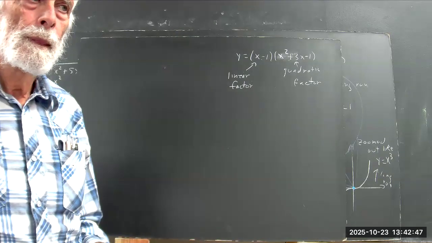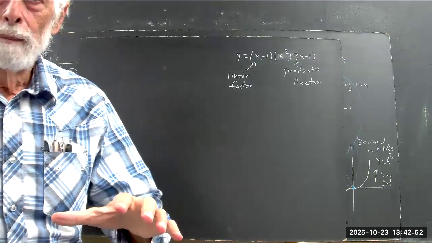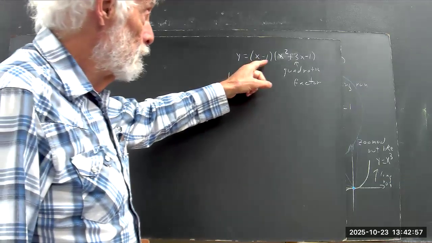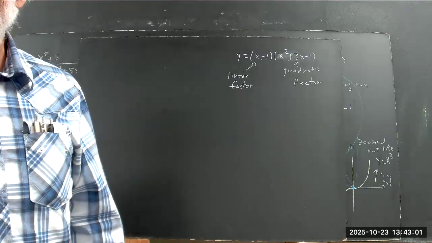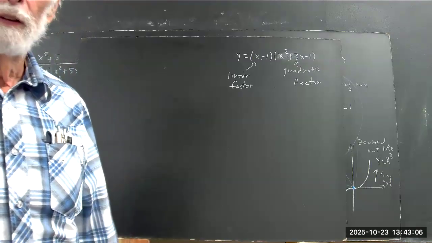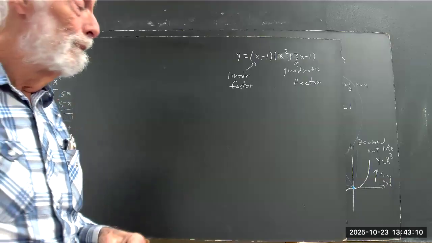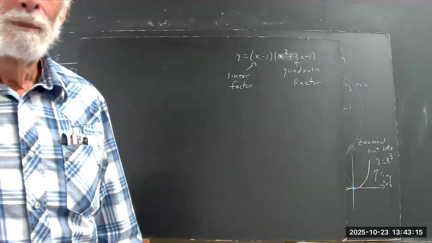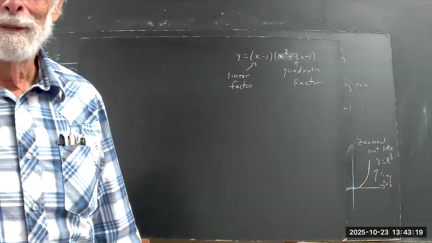First place, any polynomial can be reduced to a product of linear and quadratic factors. Now, those factors might involve irrational numbers, so you can never do it exactly. But the theory is, I first learned to prove that theorem in a senior level abstract algebra course for math majors, okay?